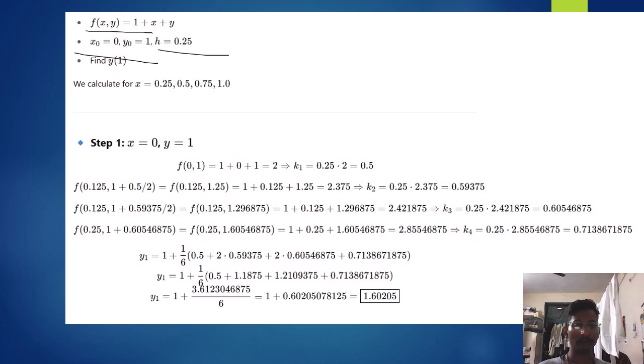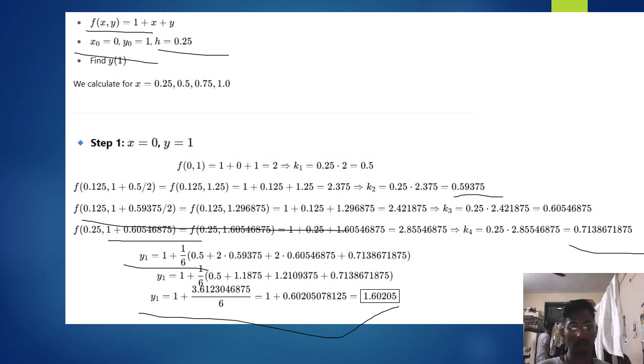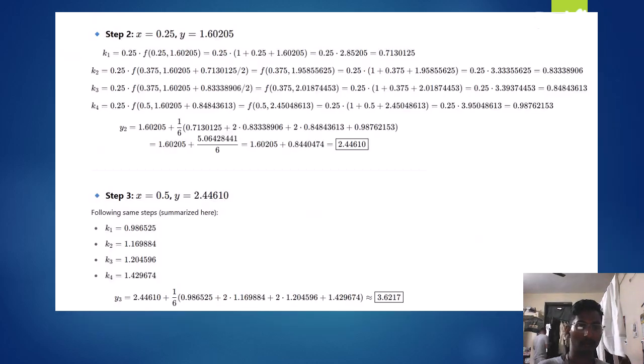The f of this equation becomes 0.5937, and f of this equation becomes 0.605487. f of 0.25 plus 1 gives 0.713. y1 is equal to 1.60205.